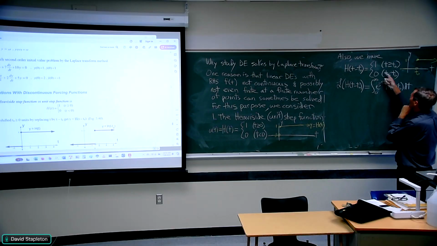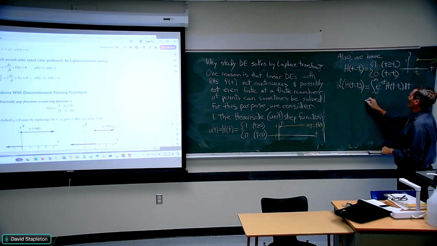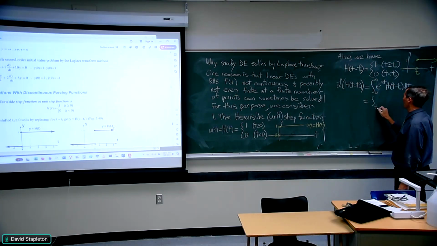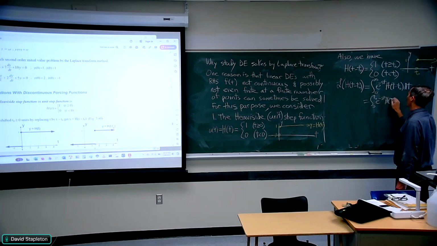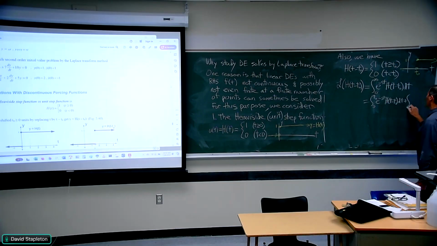H of t minus t naught is equal to 1 after t naught and 0 before. So I could just say this is the integral from t naught to infinity. Or let's write it as two things, just to make it crystal clear. This is the integral from 0 to t naught of this, plus the integral from t naught to infinity.